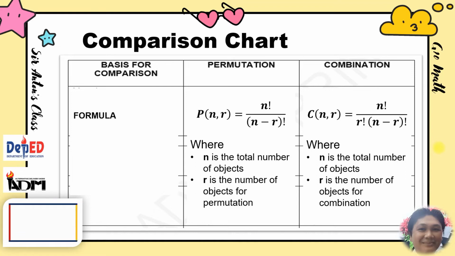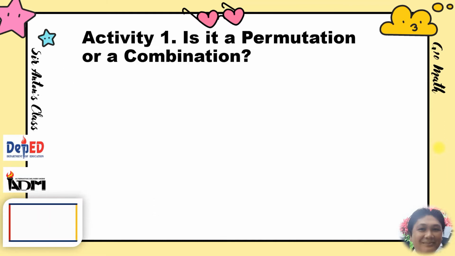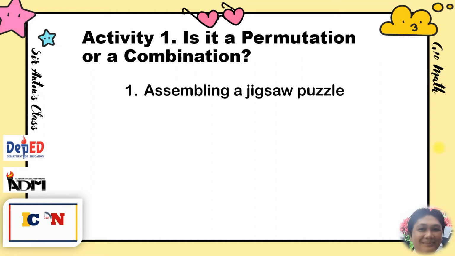Okay, let's have the following statements. For our Activity 1, let us try to analyze whether the given situation or activity is a permutation or a combination. Okay, these are the statements. Number 1, assembling a jigsaw puzzle.